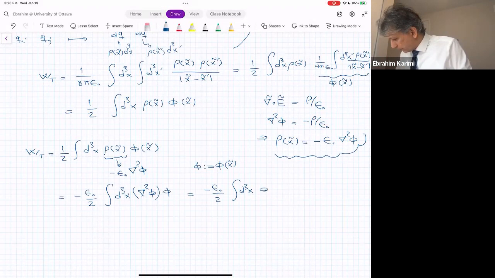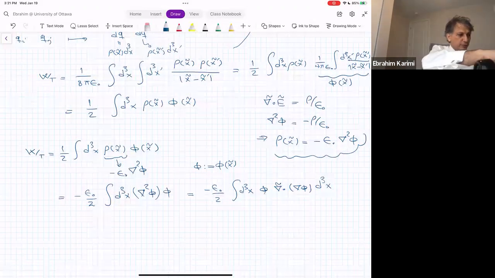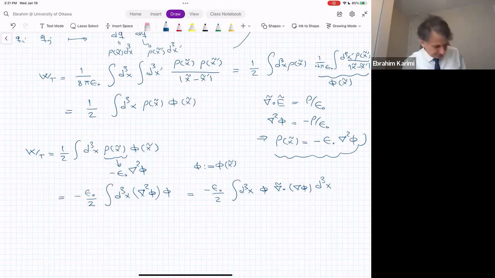Okay, so I will write it in this way: phi. In terms of Laplacian, I will write divergence of gradient of phi, d3x. So I will give you a couple of minutes just to think about how to solve this equation, how to simplify it.